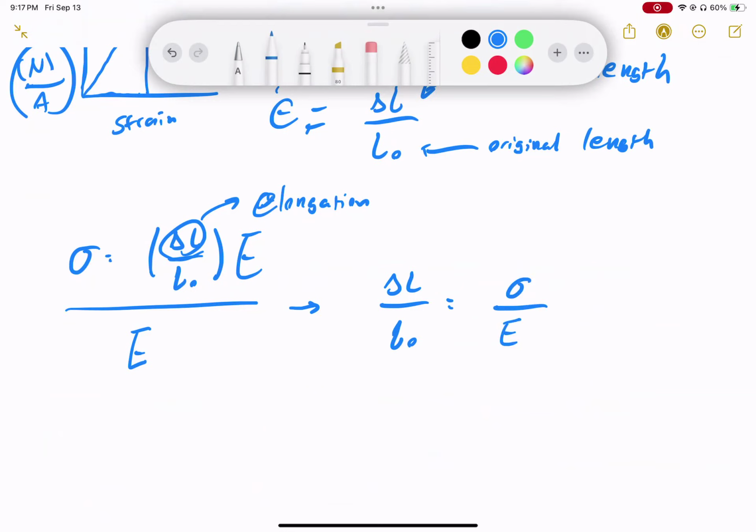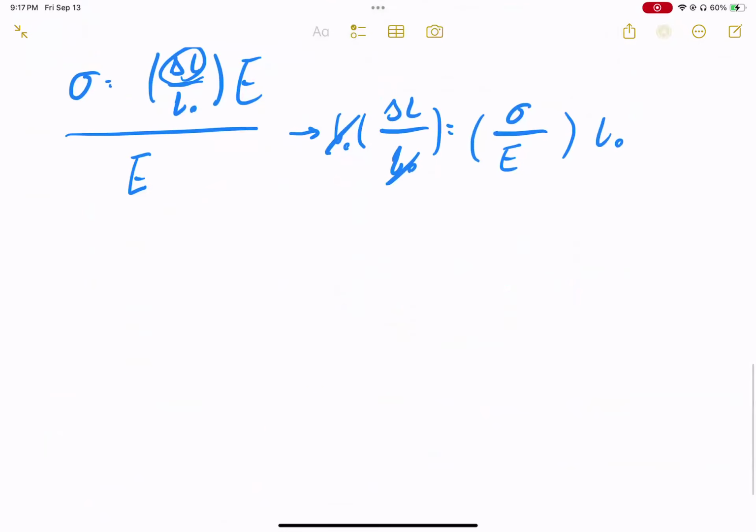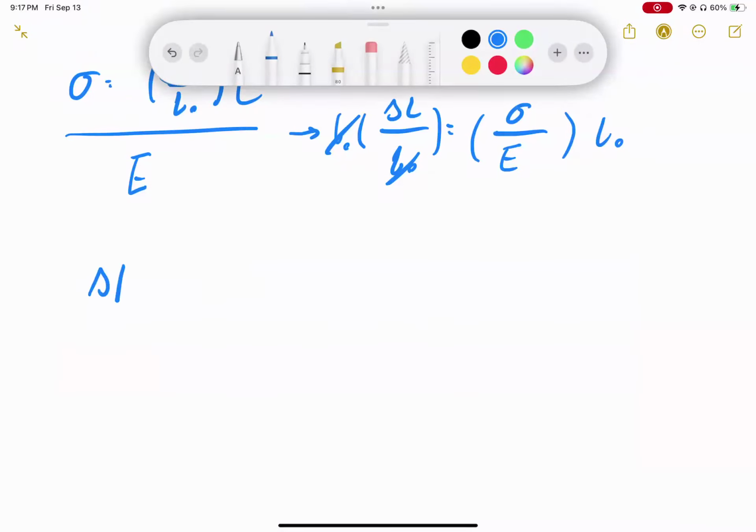Now I will multiply by the original length on both sides, so I cancel out the original lengths on that side. The elongation, delta L, is equivalent to the stress multiplied by the original length divided by the elastic modulus. Perfect. This is what we want.